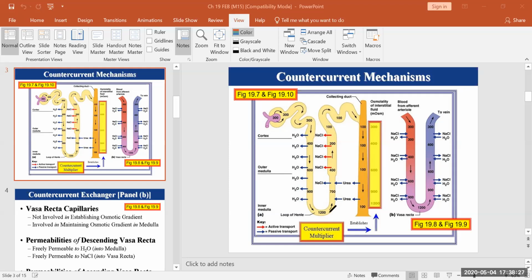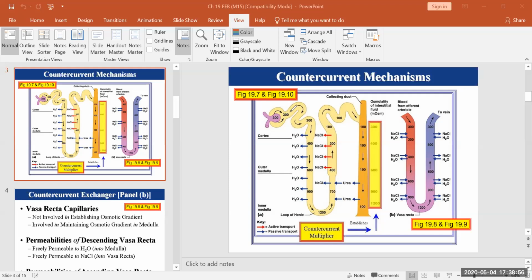So that loop of Henle is extremely long. The black arrows are basically showing you the renal filtrate. So you have here, blood plasma goes in here. That's the glomerulus. Blood plasma is filtered, and the black arrow comes out. That's the renal filtrate. So it's leaving the renal corpuscle.